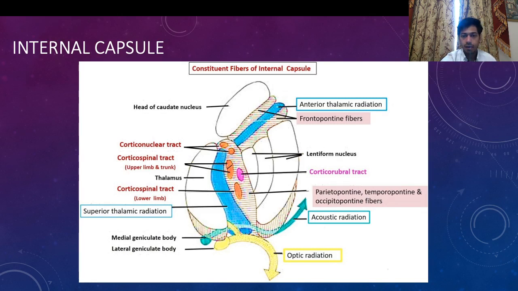So this can be in the form of motor or sensory signals, or it could also be motor or sensory cortexes. So in the following image, I'll actually describe the composition of the internal capsule.